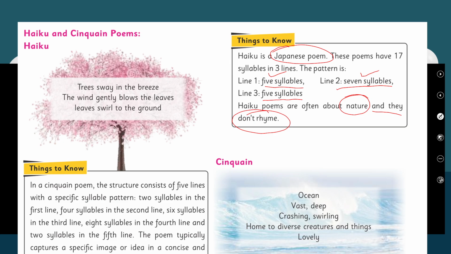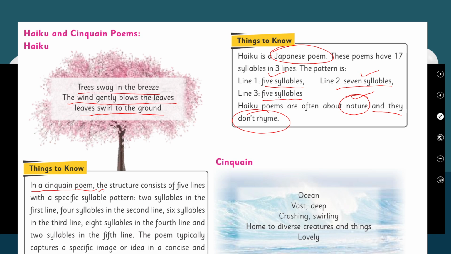And they are about nature and there's no specific rhyme scheme, there's no rhythm and no rhyme. Let's look at here. Trees sway in the breeze, the wind gently blows the leaves, leaves swirl to the ground. This is a haiku.